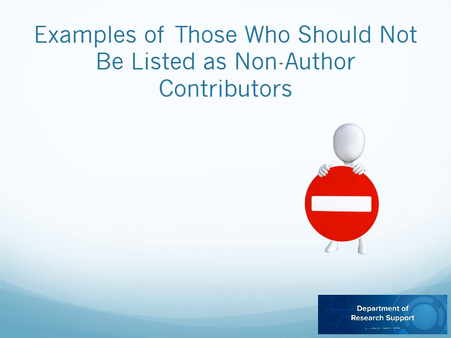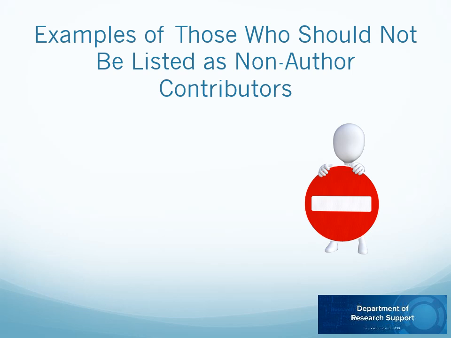So what if an author wants to include an acknowledgement of personal contributors in the article? According to accepted practices, personal acknowledgments should not be included in this section of an article.